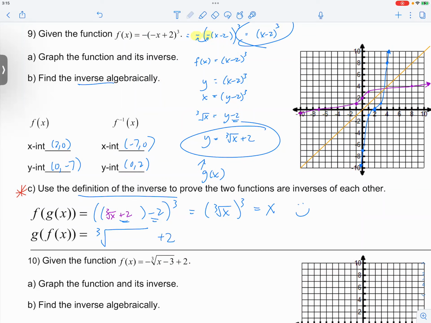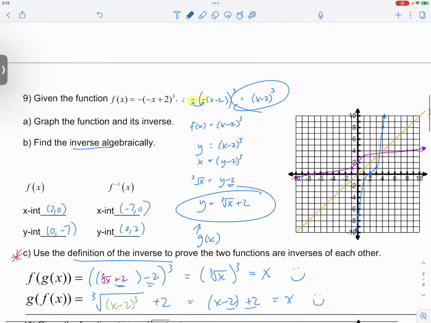So now f of x will be placed inside the g of x. You can see the color-coded notations. So now we have this, and the negative 2, plus 2, they cancel each other out. So it equals x again, which is lovely. We want to have x because that's how they prove that they are inverses of each other.